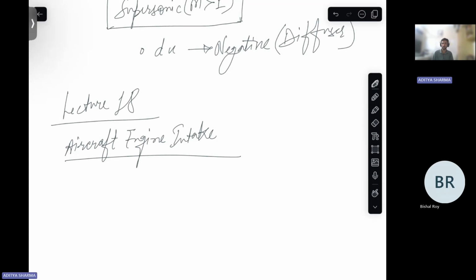So all these have been briefly discussed. Then comes intake and mass flow rate.